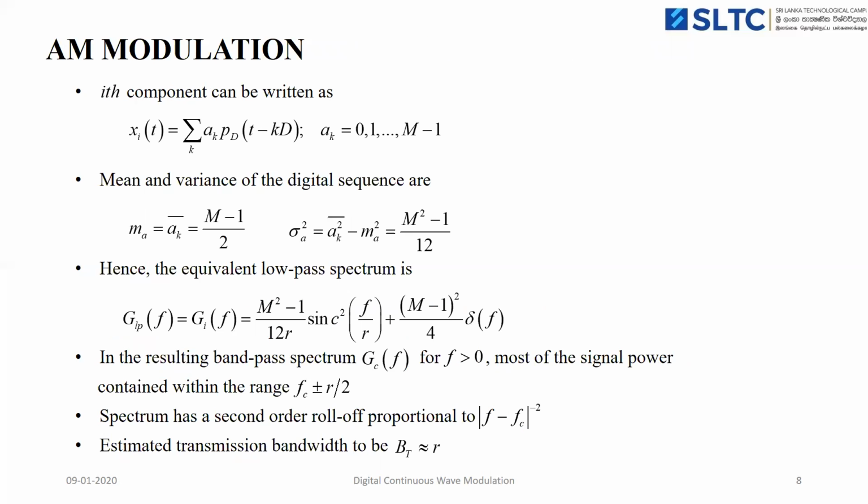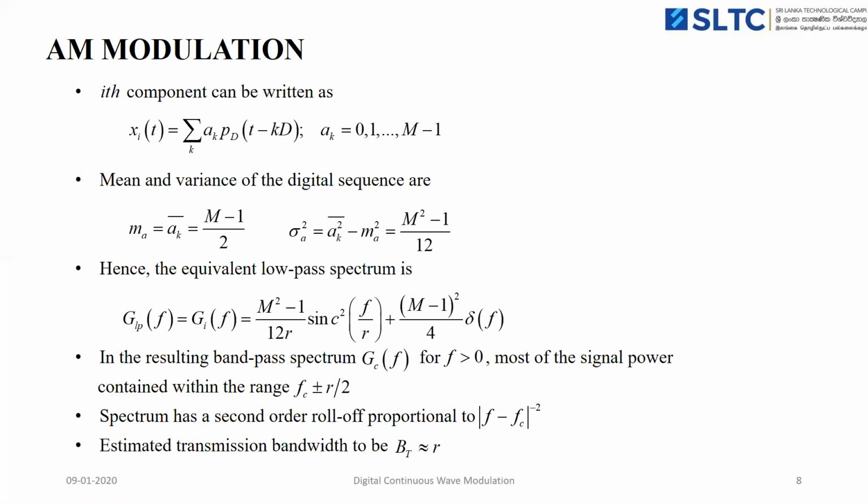The I component can be written as xi(t), the summation of the various amplitude levels times the rectangular pulse pd(t). The amplitude level ak varies from 0 to M minus 1, if we consider M different amplitude levels or M different symbols. For that rectangular pulse, we can find the mean and the variance.